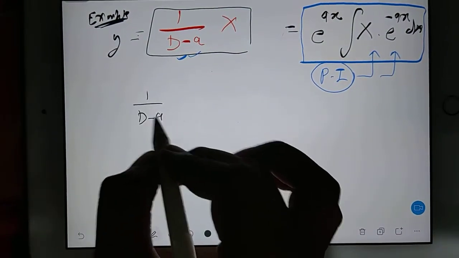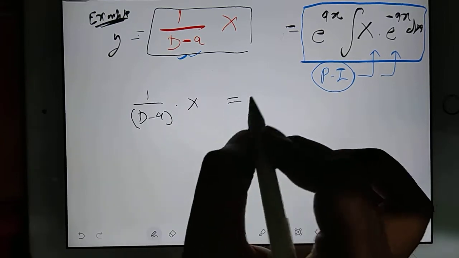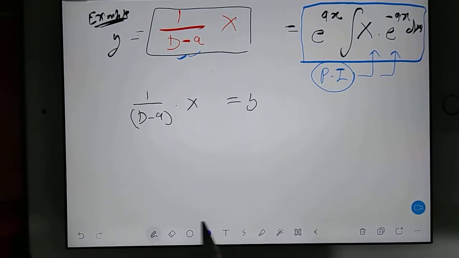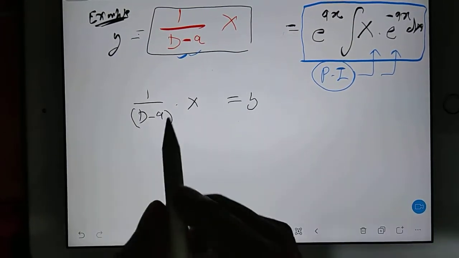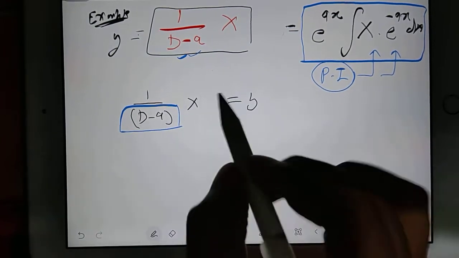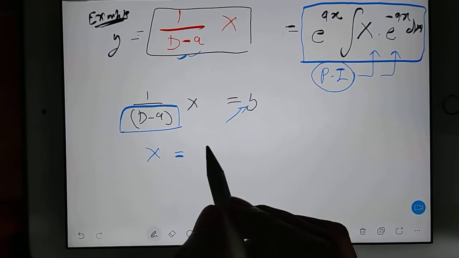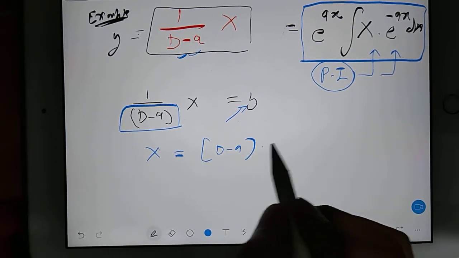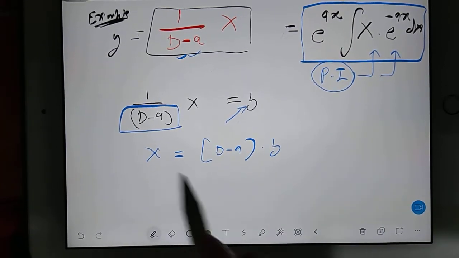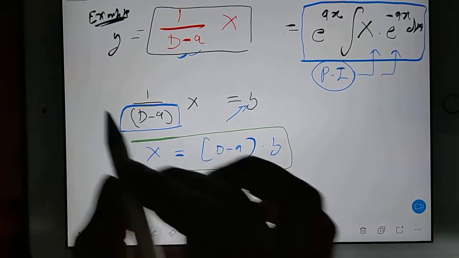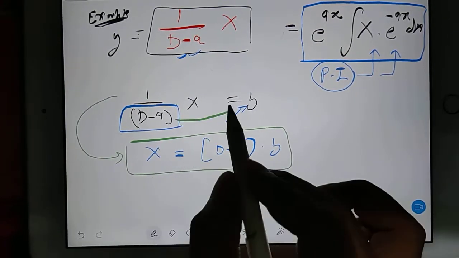1 by D minus a into x, this was equal to y. So you do one thing. Let's simplify this. This part I can send this side. So my x will look like D minus a into y. Okay, now see. This is a general simple format to send this value here.